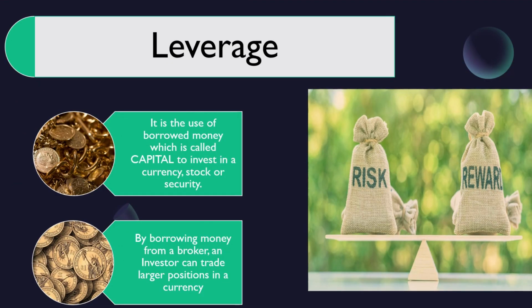Now, what is leverage? Leverage is borrowed money, which is called capital, to invest in a currency, stock, or security. But actually, the broker is the one lending us this money. When you're trying to open an account with a broker, you're going to see a part that says leverage. You'll see 1:100, 1:200, 1:500, 1:1000.